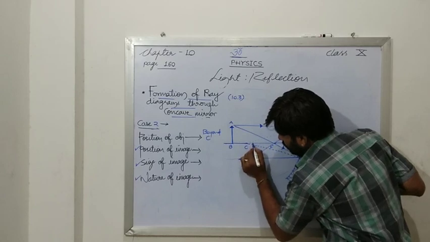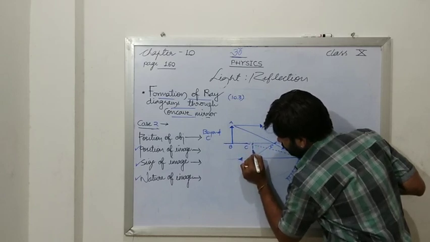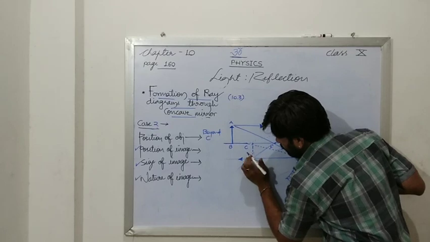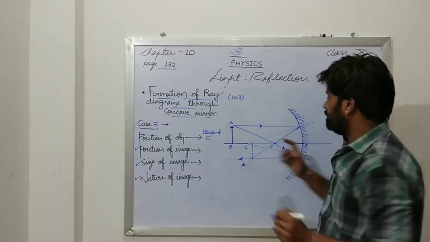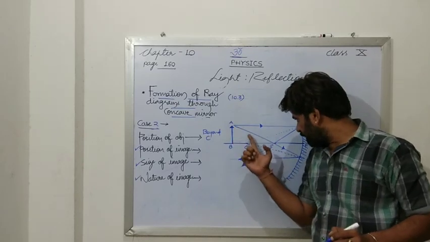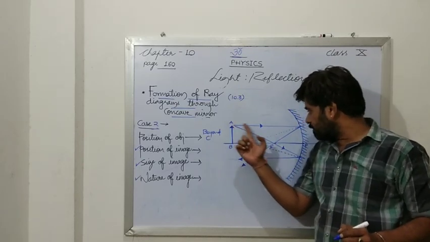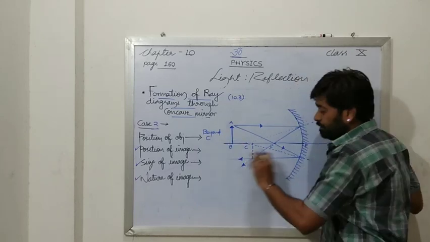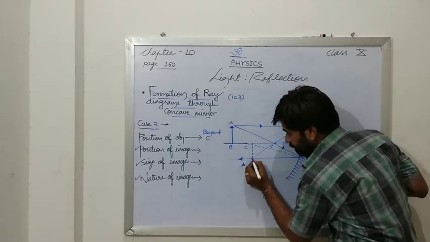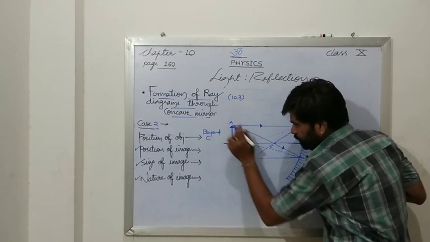So the image will be with dash line. Now always remember, we had started the two rays from A, so we will get the image of this particular point wherever these two reflected rays will meet. So this is going to be that point.